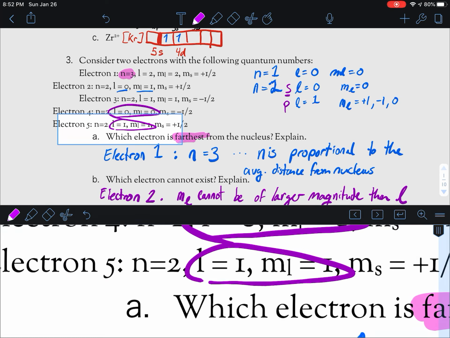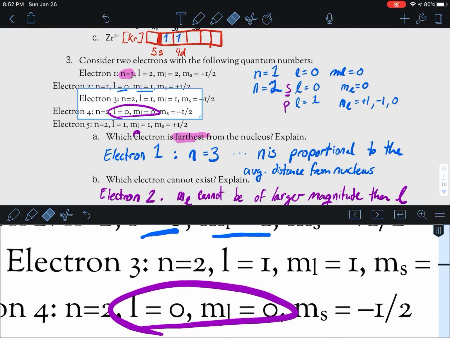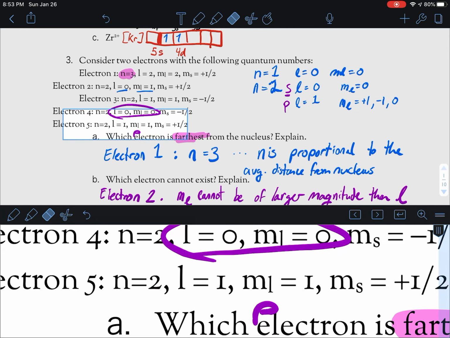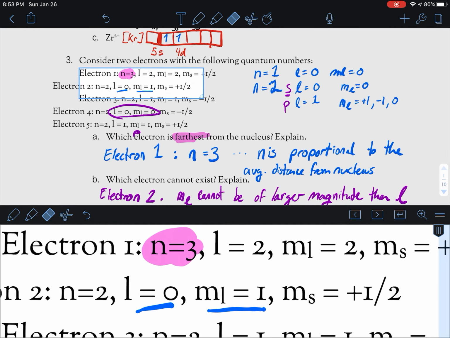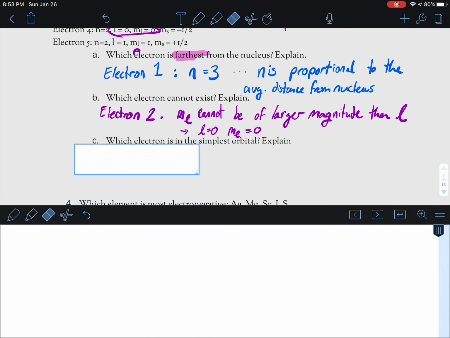No. This one here is a p orbital. This is the L value and the ML value. The L value gives us a p orbital. This electron number 2 doesn't exist, so that one also is in a simple orbital, L equals 0, but the ML value doesn't exist, so it doesn't work. So the only answer that makes sense is electron 4.